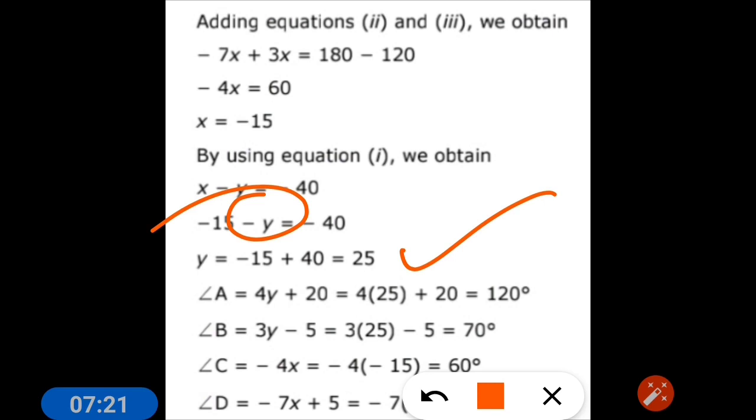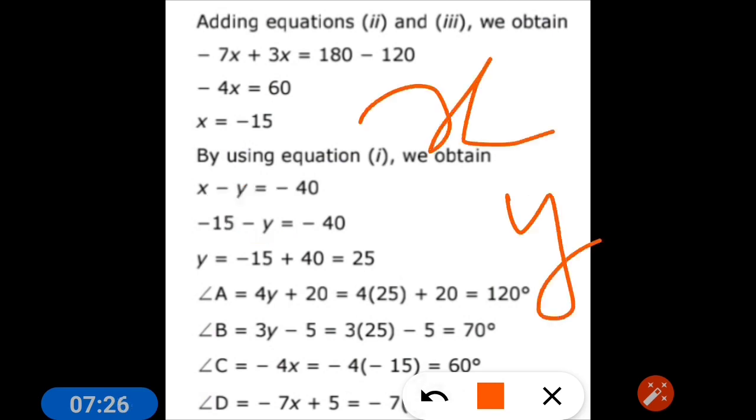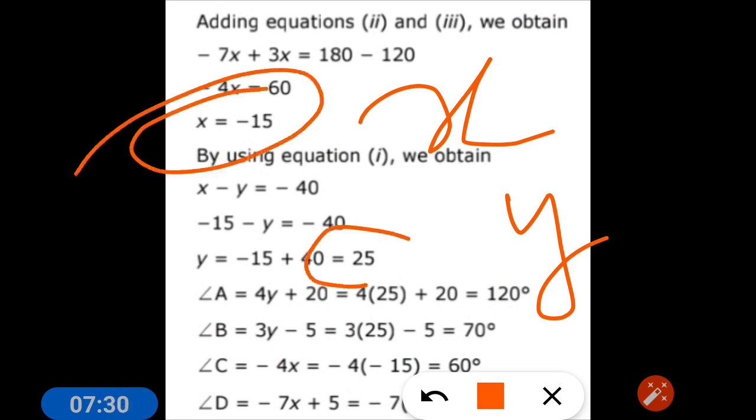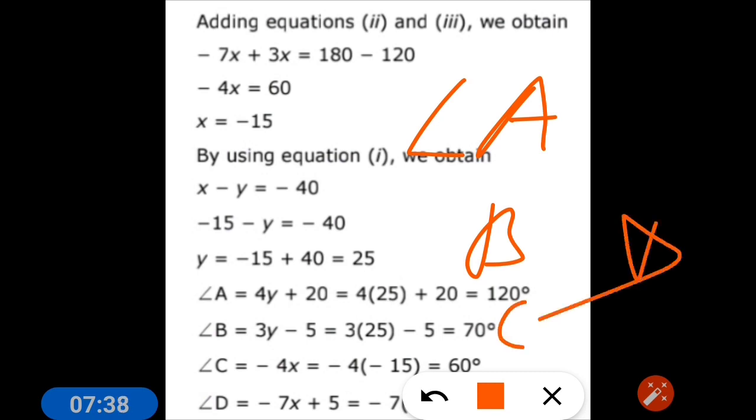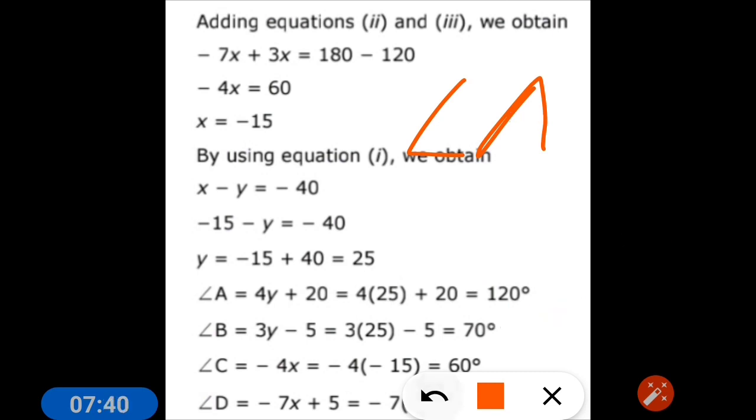Now you have the values of x and y both. X is minus 15, y is 25, and now you can put all the values in angles A, B, C and D respectively and get the final values of the angles.